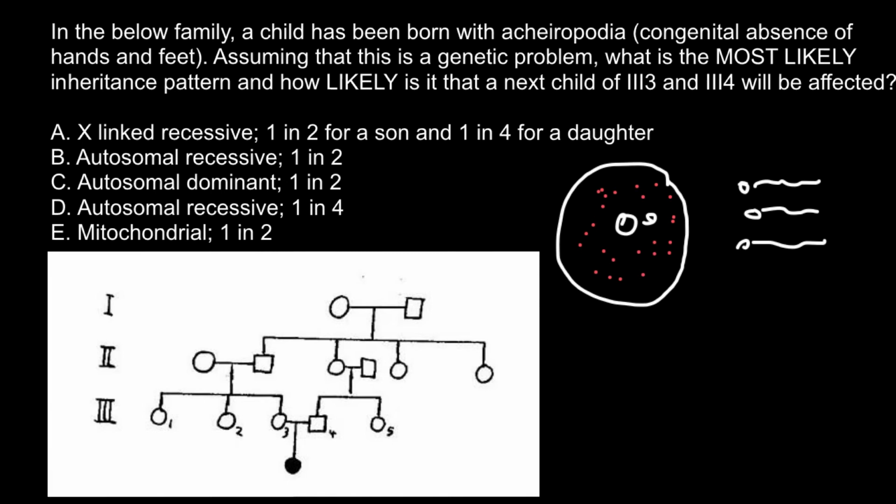So all the progeny of two parents would inherit mitochondria only from the mother's side. For example, if this female had mitochondrial problems, 100% of her progeny also would be affected.